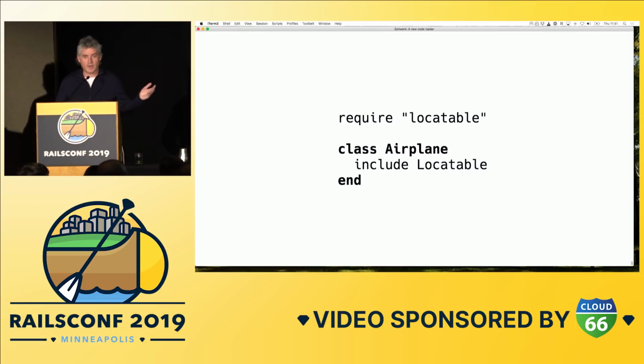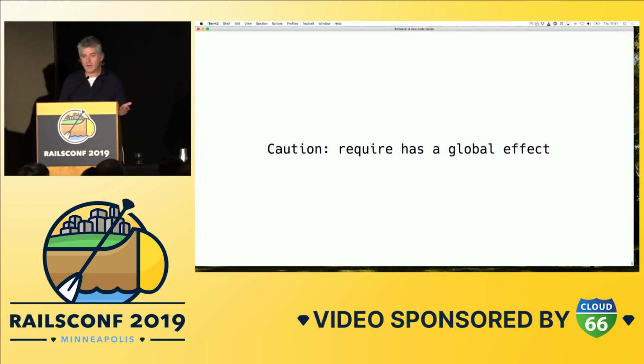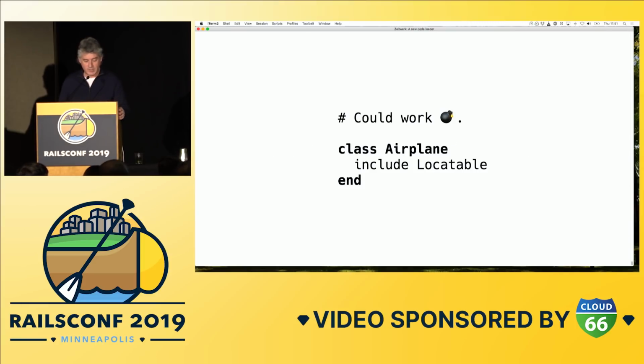So you have to put a require for that to work. But the problem is that requires have a global effect, as you know, okay? And the consequence of that, I'm sure you have faced this before, is that you could have the original source code without the require, and this could work.